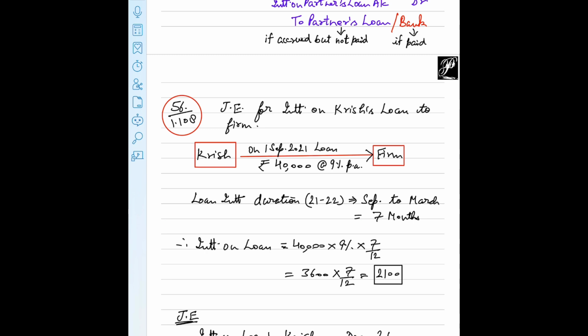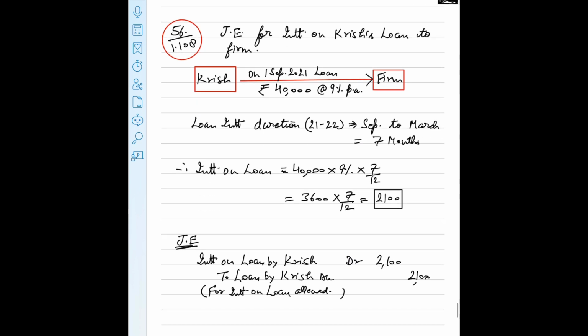Narration: being interest on loan allowed. Okay, rest of the parts have already been explained to you and you are capable of solving them, so do them in homework.